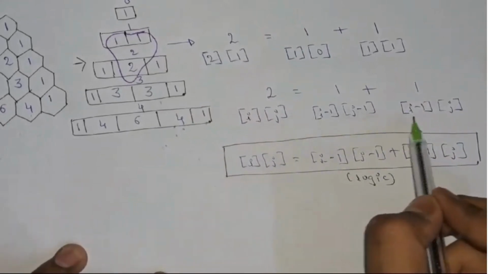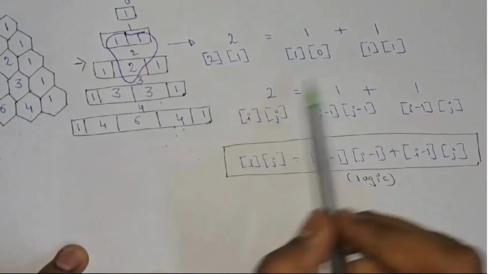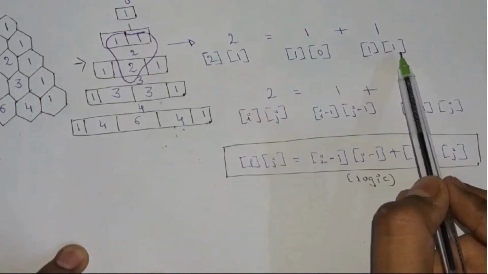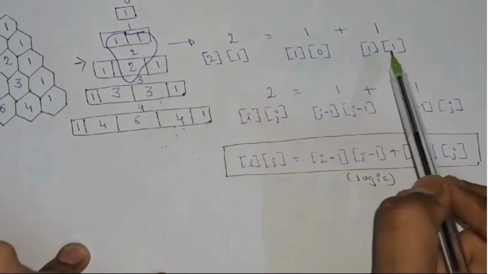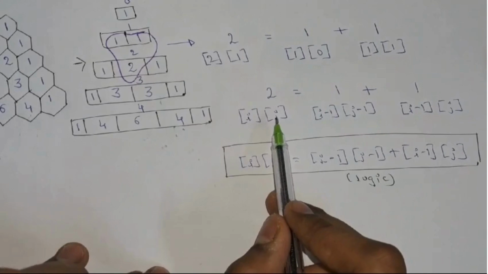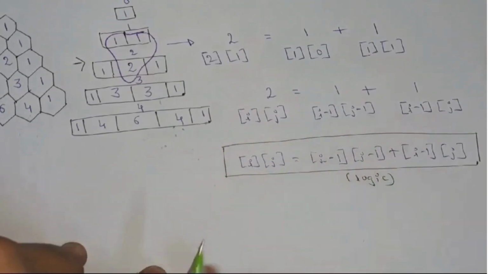So here it will become i minus 1 from i, and the column index for this one will remain the same, because here it is 1, here it is also 1. Similarly, here as we have taken the column index as j, it will remain j over here.